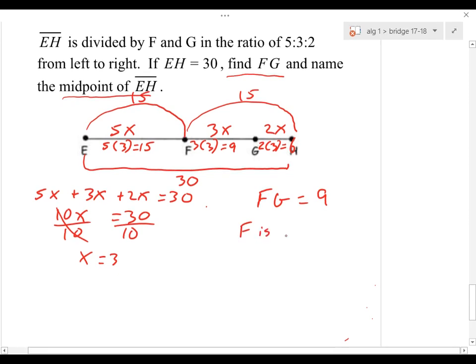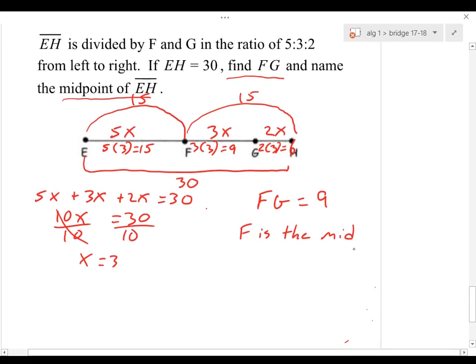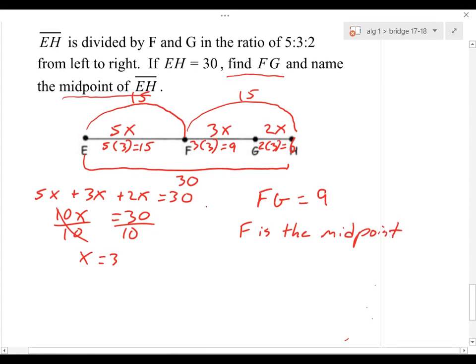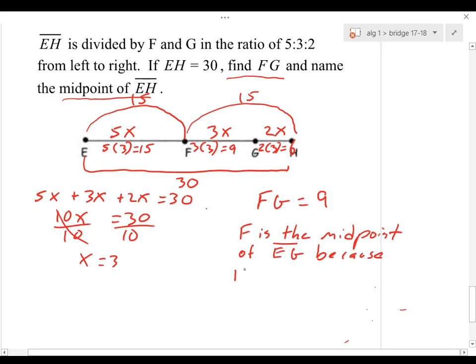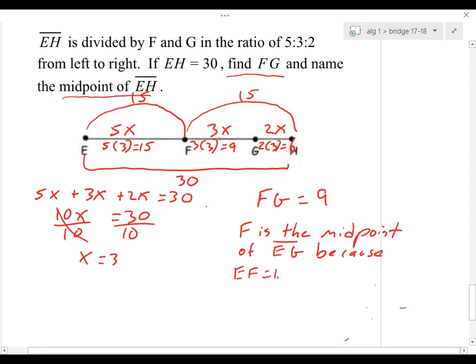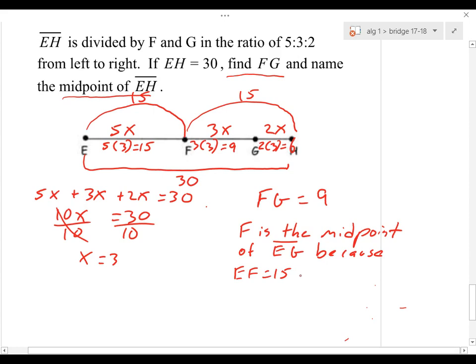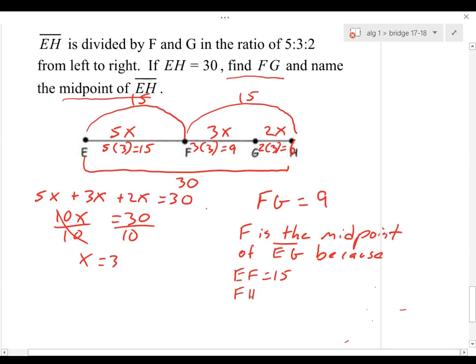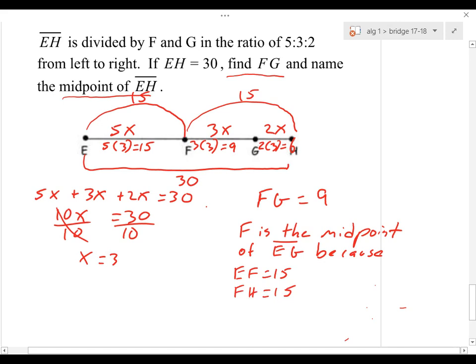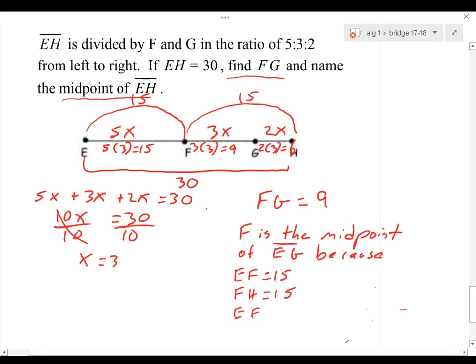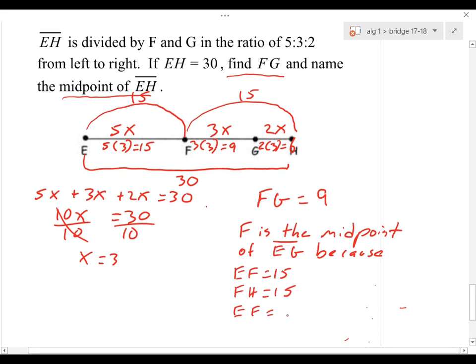So F is the midpoint of EH, because EF equals 15 and FH equals 15. So EF equals FH.